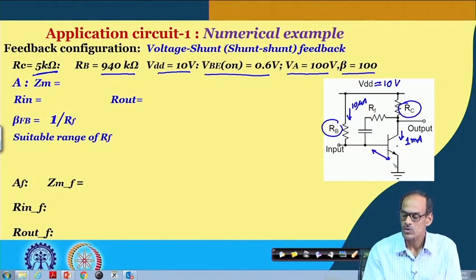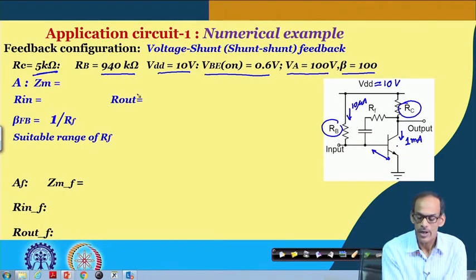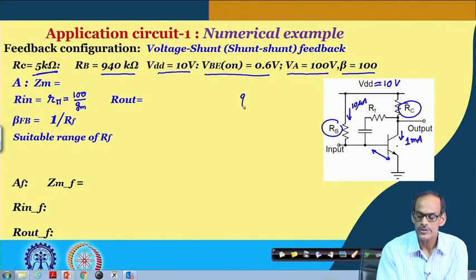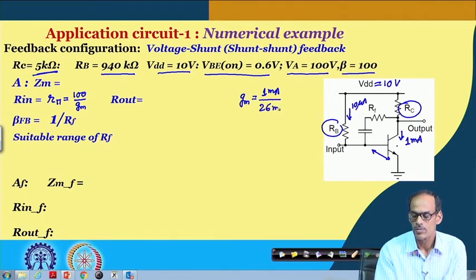Gm is 1 milliampere divided by Vt, 26 millivolt, so that is equal to 1 by 26 mho.